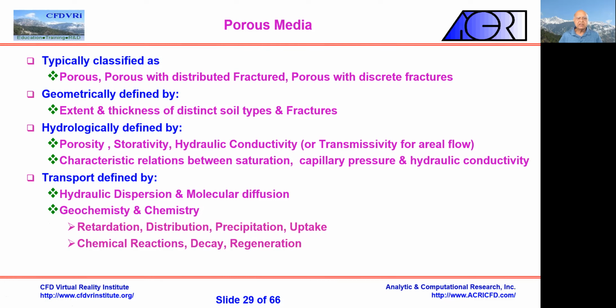So porous media is typically classified as porous or distributed fractures, okay, or porous and discrete fractures. So it can be either of those. If you look at the ground, it's usually a very complex kind of media, okay. So geometrically, it's defined. Then there are layers. Okay, there will be distinct soil types. Like if you dig down, you'll find that you first have some kind of a top soil, which is typically some mix of sand and clay and some broken down rock types.